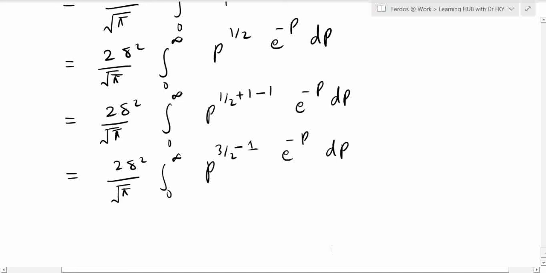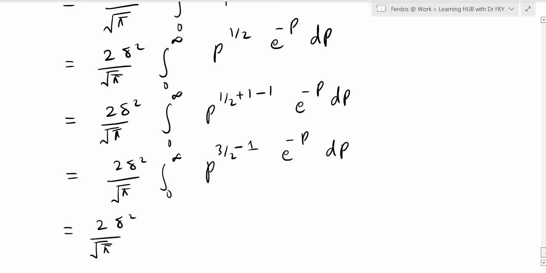again the formula of the gamma function, that 2 sigma square divided by square root of pi, and now this is equal to n, where I use the formula from the first part of this lecture. So you can write this as a gamma function of 3 by 2. And remember that we need to expand this.